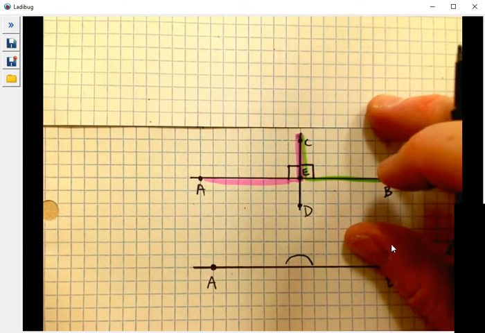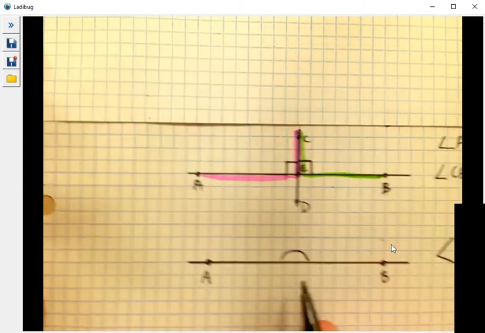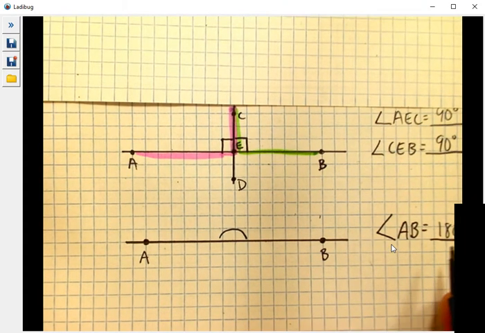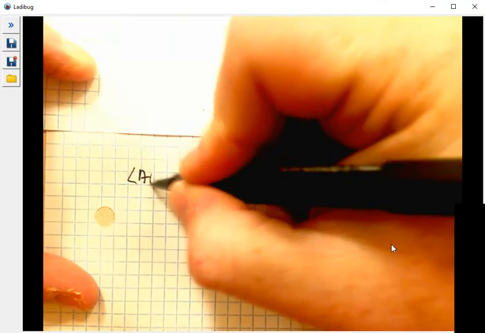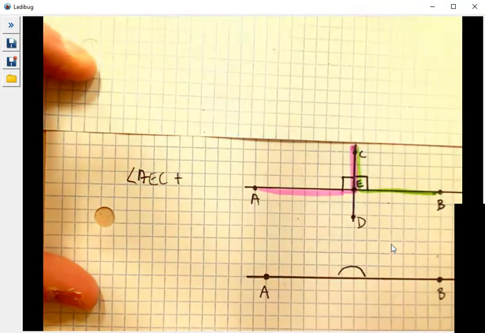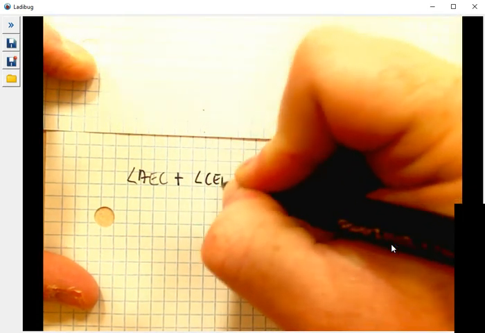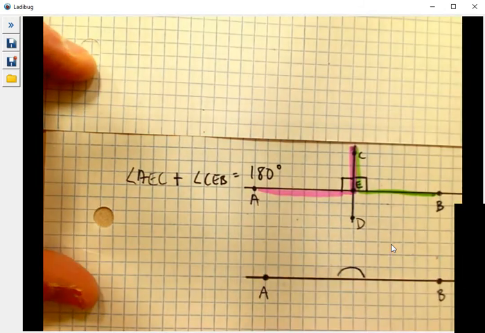Another way to figure this out would be that I've taken my line segment AB, which is 180 degrees, and I've cut it in half. So there are two angles, angle AEC, and when we add that with angle CEB, we know that should equal 180 degrees.